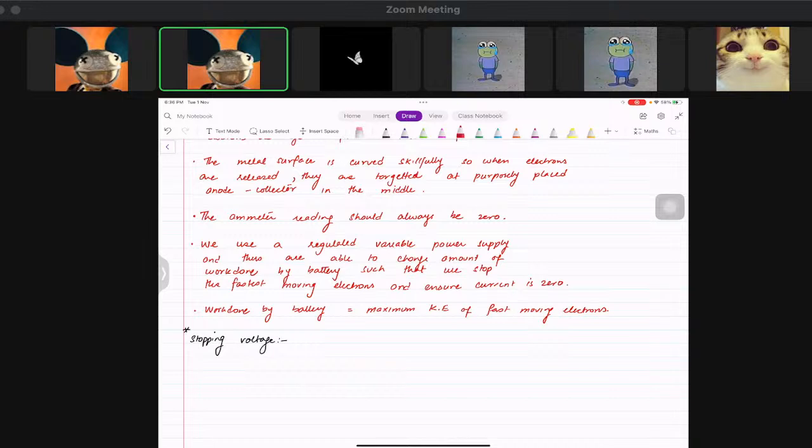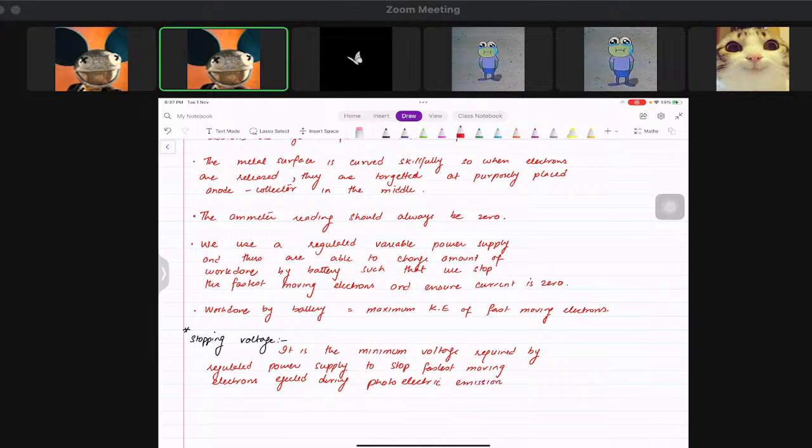So the stopping voltage is the minimum voltage required by a regulated power supply to stop the fastest moving electrons ejected during photoelectric emission in a photocell in the completing circuit.